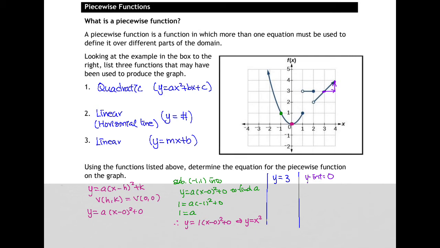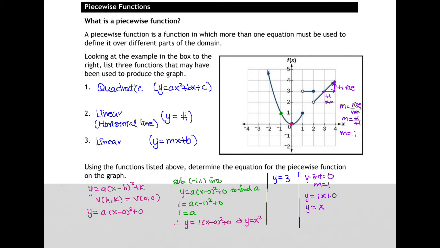As you can see from here, positive 1 is for your run and positive 1 is for your rise. So your slope equals the rise over the run, which is going to be positive 1 over positive 1, which is 1. Therefore, your slope is 1. Therefore, your equation for this linear line will be 1x plus 0. So we can simplify to y equals x.